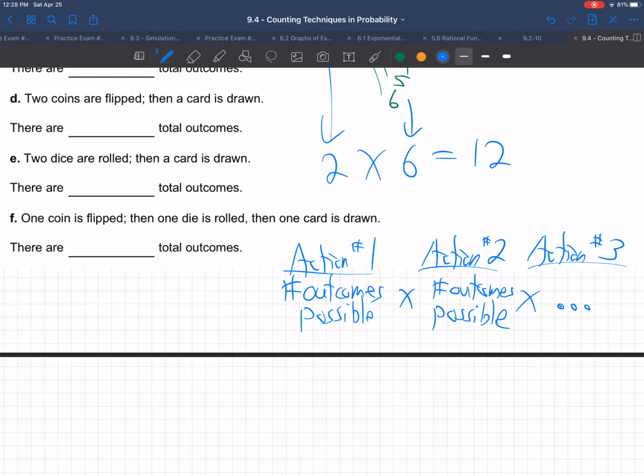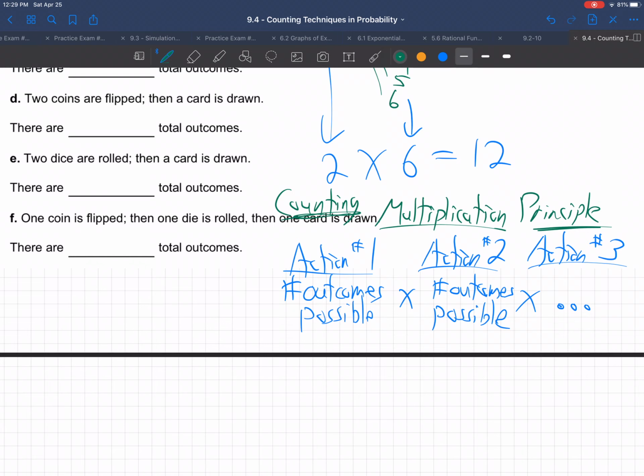This is, you write out the word here, the multiplication, or it's also called the counting multiplication principle.